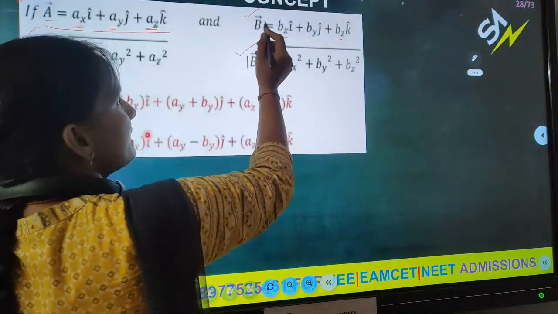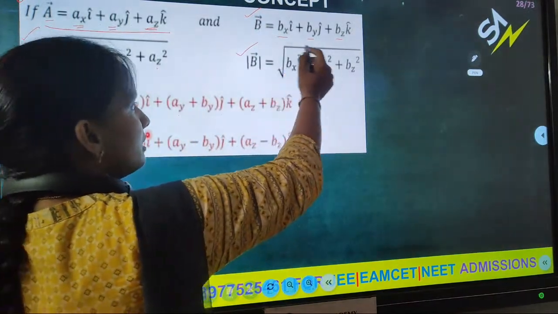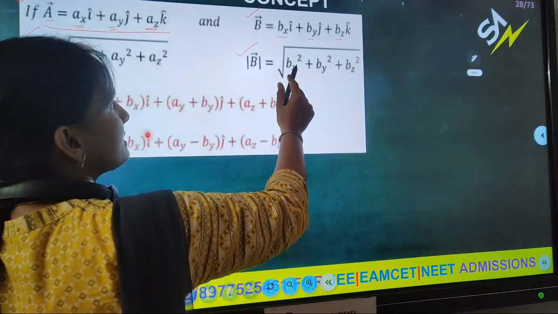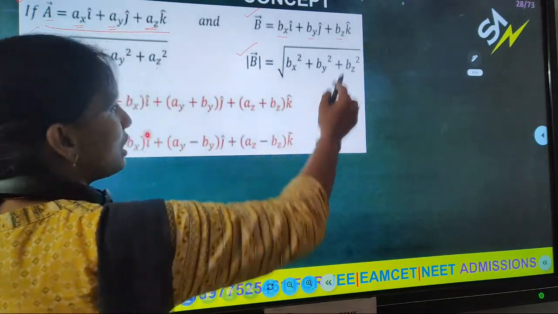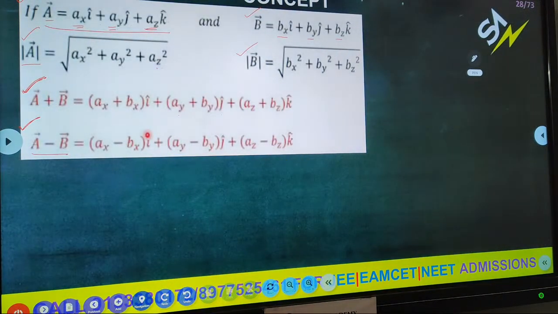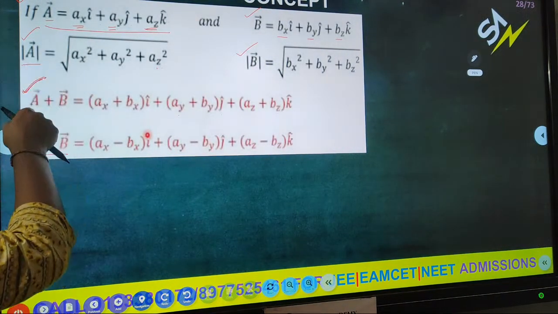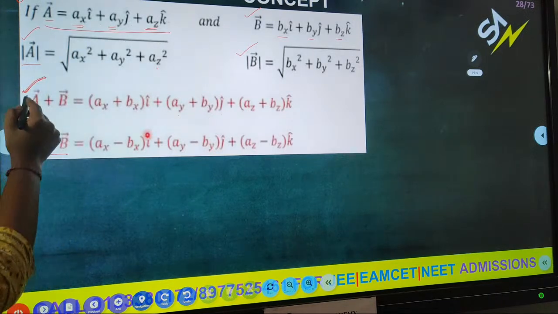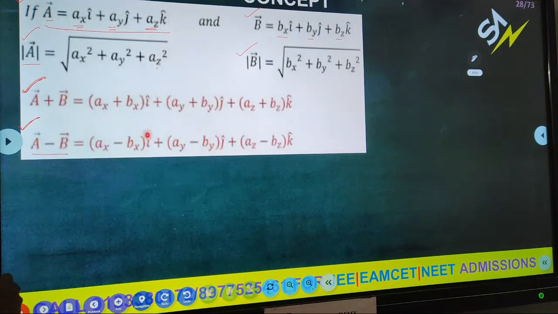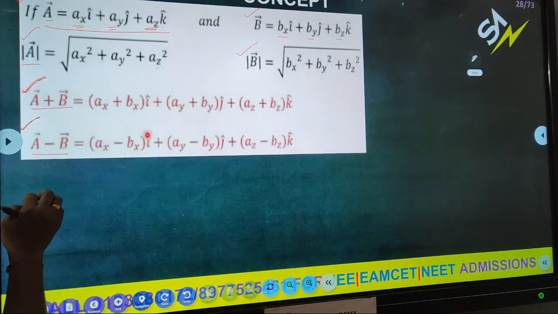Similarly, magnitude of vector b is under root of component of x whole square, component of y whole square plus component of z whole square. So this way we can find the magnitude of vectors in the coordinate system and their addition and subtraction.